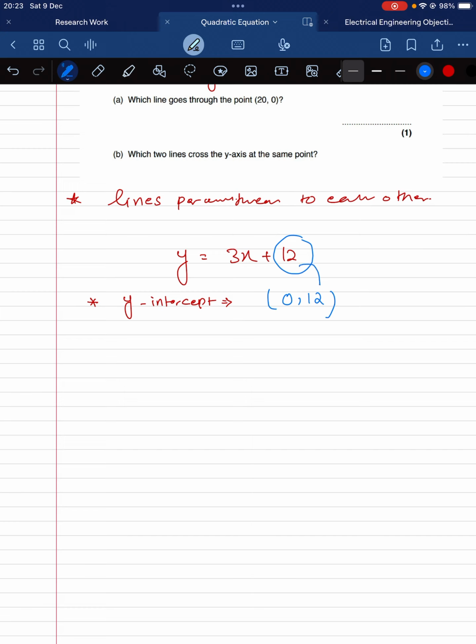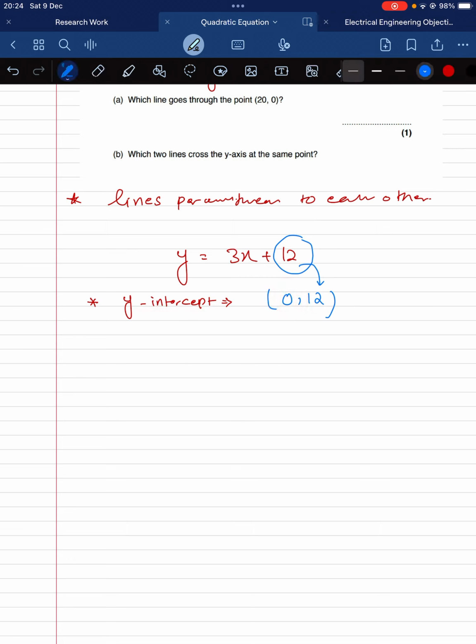When we find the y-intercept, we put x is equal to 0, but you can find it directly. If the equation is written in the standard form, then whatever is written at this place is your y-intercept. So the y-intercept is 12, the value of y is 12, and the value of x at this point is always 0. Whenever you find the y-intercept, you put x is equal to 0.